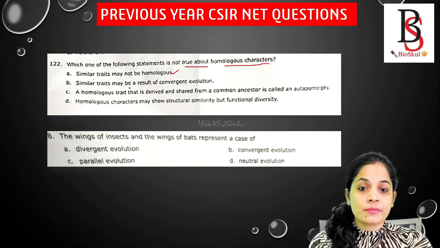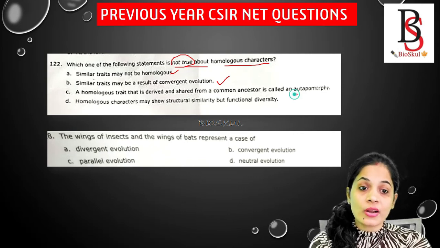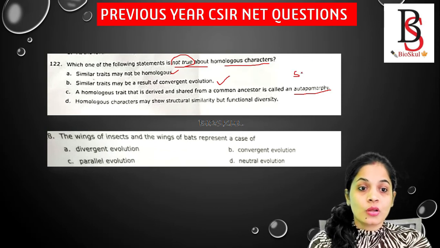Similar traits may be the result of convergent evolution. Yes, that is also true, but here it is asking which one is not true. A homologous trait that is derived and shared from a common ancestor is called autapomorphy? No, it is called synapomorphy, right?